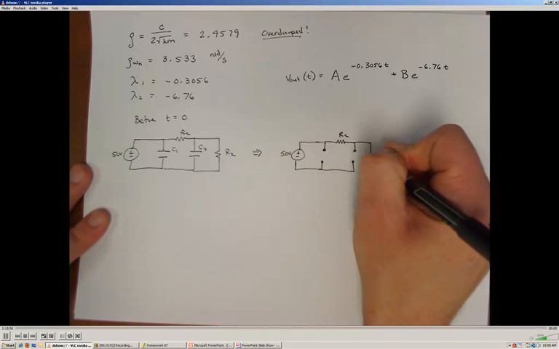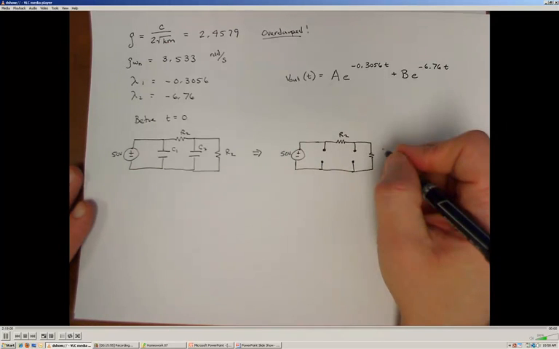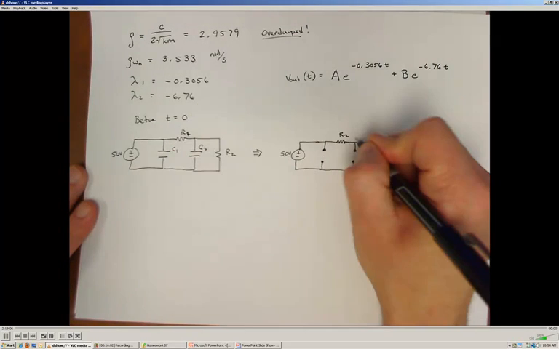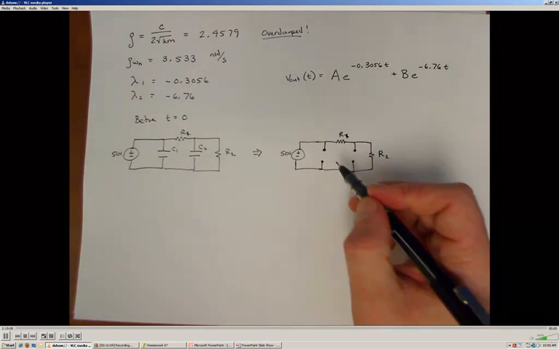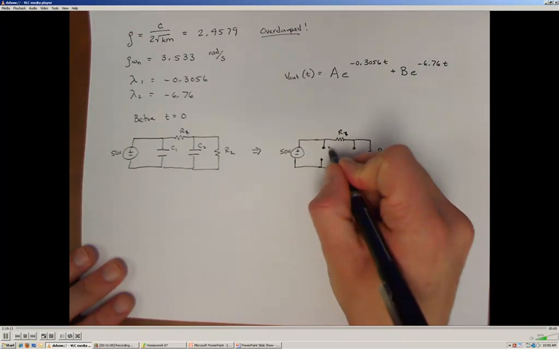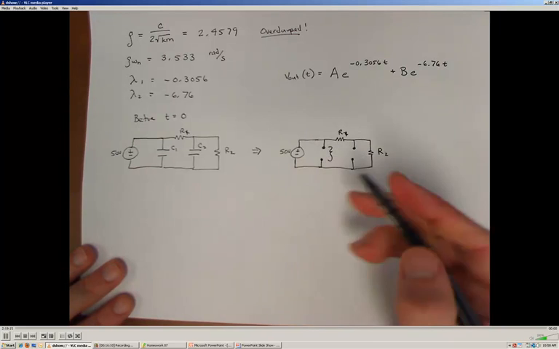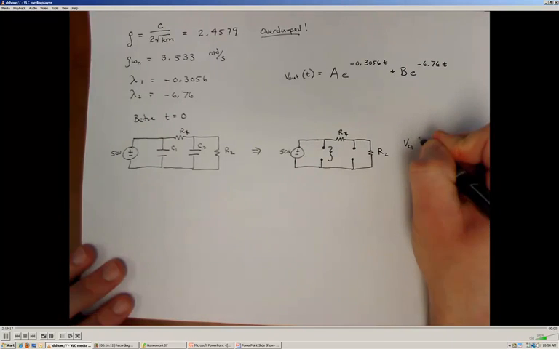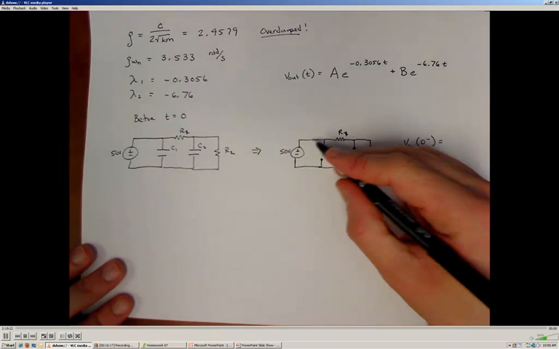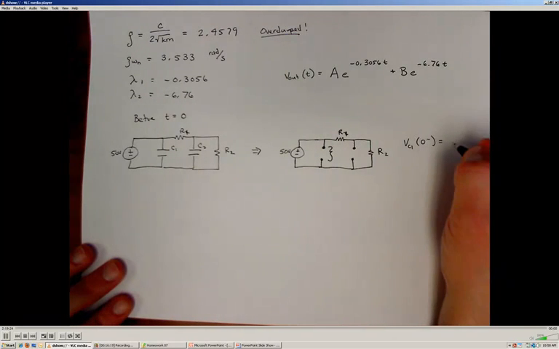Alright, so in this case, right before the switch is opened, sorry, that's R1 right there, R1. The two capacitors act like open circuits, so I know that the potential across capacitor C1 at time 0 right before the switch opens has to be equal to the 50 volts being supplied to it.